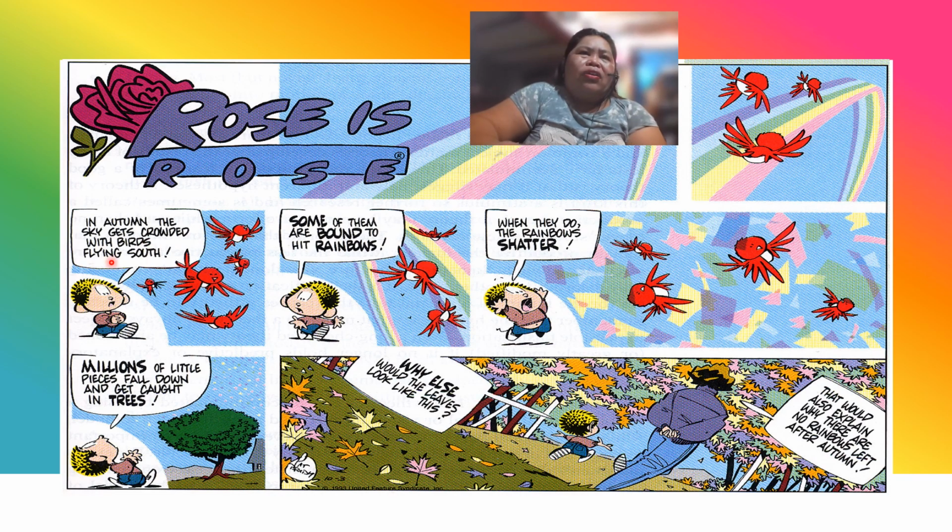So in autumn, the birds get crowded because they are flying south to escape the cold weather. Some of them hit the rainbows and the rainbows shatter, and then all the leaves fall.